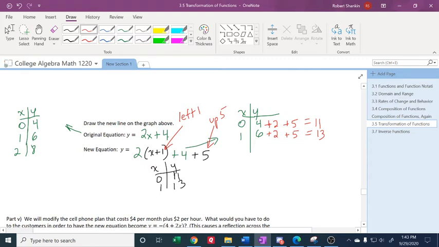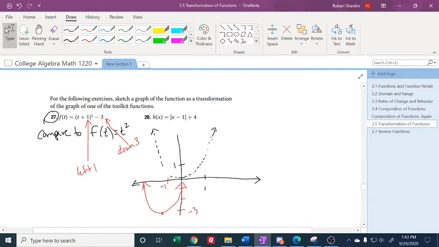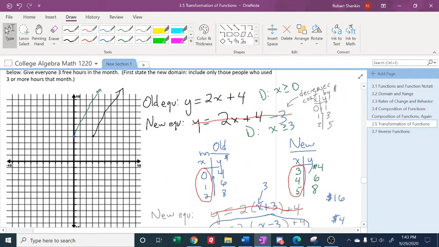And so it would take the graph that we had before and shift it left 1, up 5, kind of go way up here, but let's start here because nobody really uses -1 hours, so it started at the 0 like this.